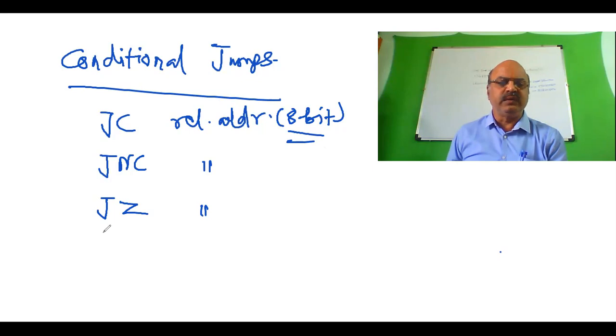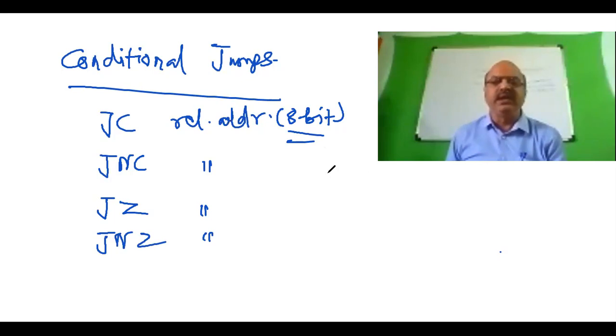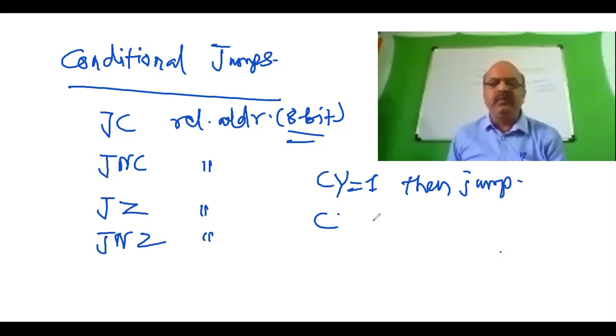JZ is also there. So this JC instruction will check the carry flag. If carry is 1, then jump to the relative address. Jump on no carry: if carry is not 1, then jump.